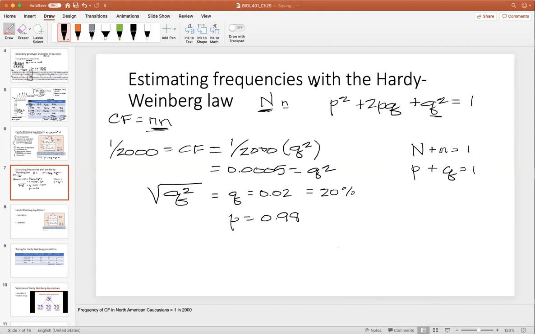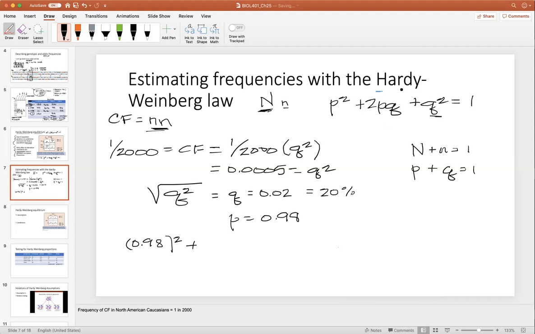Well, now I can use this information to calculate this, and I will know how many I can expect in our population to be homozygous dominant, how many I can expect in our population to be heterozygous, and how many I can expect, well, we already know how many are going to be homozygous recessive. So let's figure this out. To figure out our number of homozygous dominants, all we need to do is get 0.98 and square it.